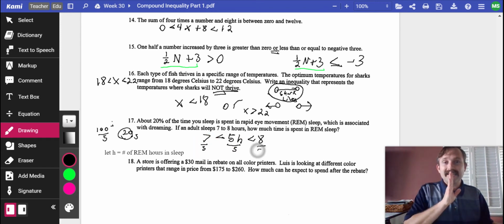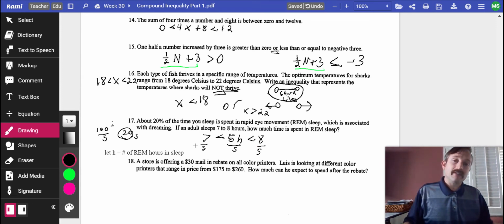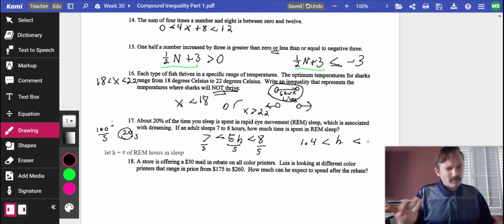And technically, this is 2 different inequalities. So we're going to divide 5 on the left and 5 on the right. If we divide 5 on the left, we're going to get something around like 1.4. If we divide 5 on the right, we would get something like 1.6.